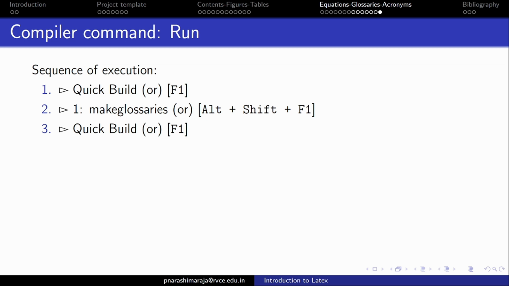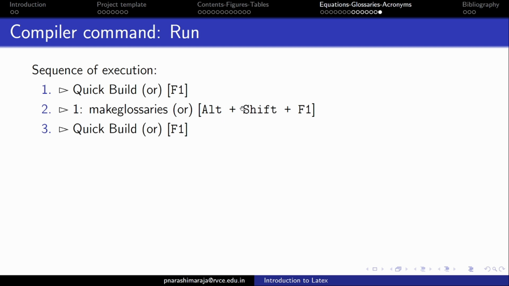So after setting this compiler command, you are ready to run it, which will only create the auxiliary file for LaTeX to read out your glossaries and acronyms. Whenever you add any new glossaries or acronyms in the glossary.tex file, you have to run this make glossaries command, or you can use the shortcut key, which is Alt Shift F1.